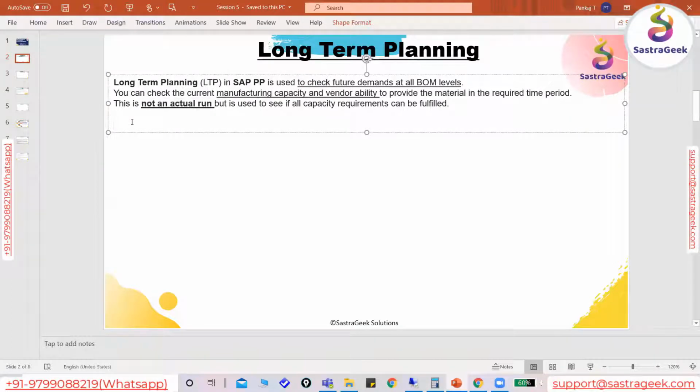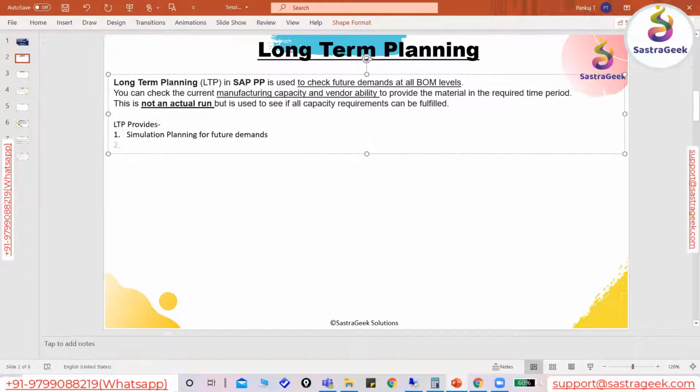At a very high level, LTP provides us, one, as I said, simulation planning for future demand, correct? Second, it will help us to preview capacity planning information, correct?